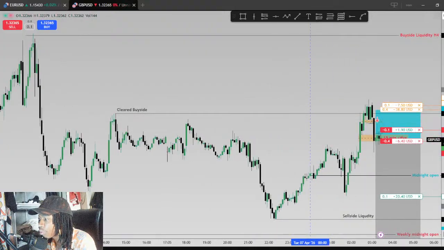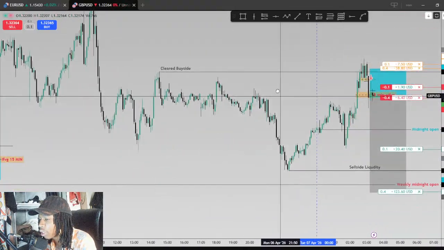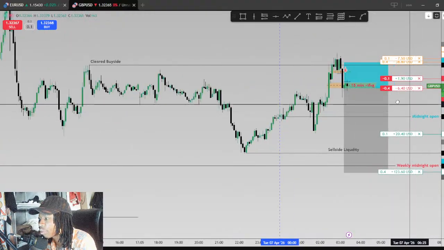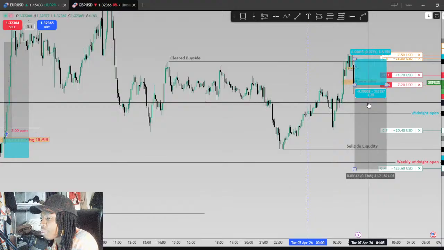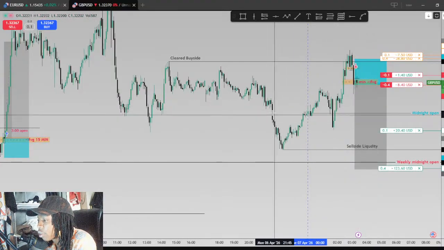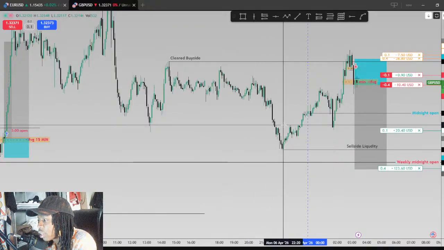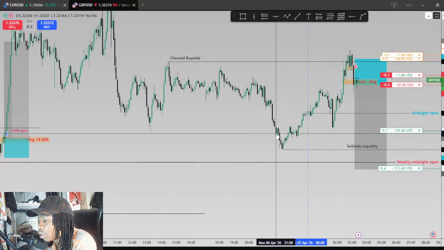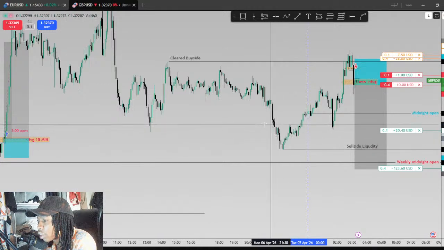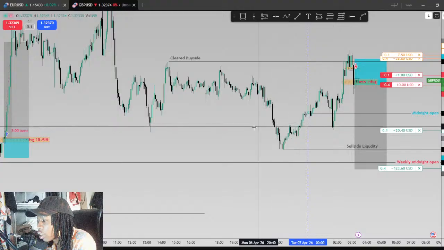So I believe it's just a simple narrative to be at play. All these was just Asian range, and heading to the London Open, we had this low taken out there.